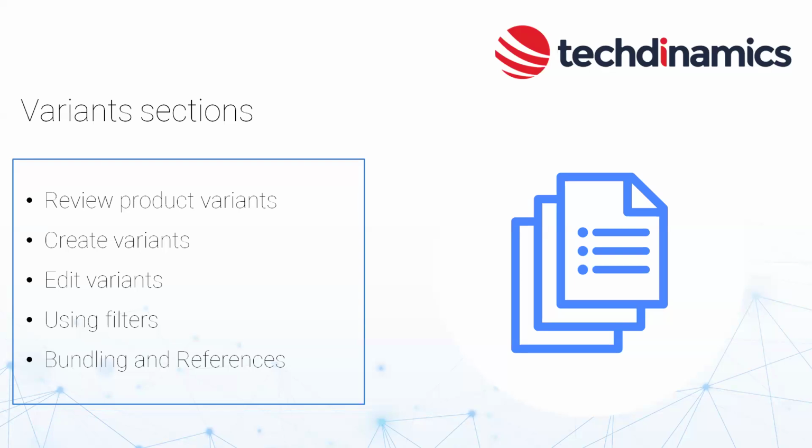It's more discreet. So maybe you have lower stock on black and green than you do for, say, flashy pink. So in the variants section, we're going to see how to review the product variants, how to create them, edit them, and how you can use filters to find these.